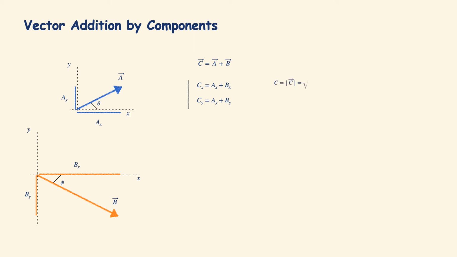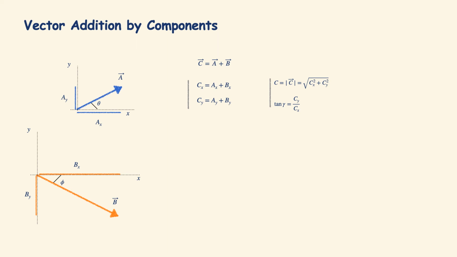Now what you need to do is go back and find the magnitude using the Pythagorean theorem, and using the tangent function you can also find the angle that will give you the direction of that vector C. You see, it's very straightforward, very nice and clean, as long as someone has calculated the components for you.